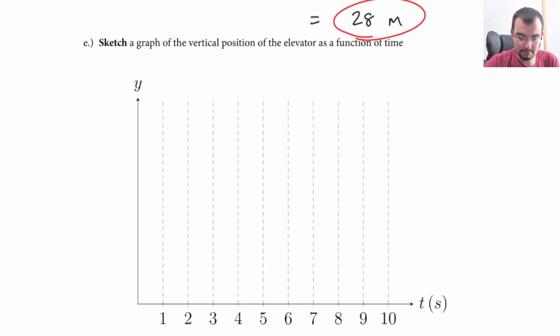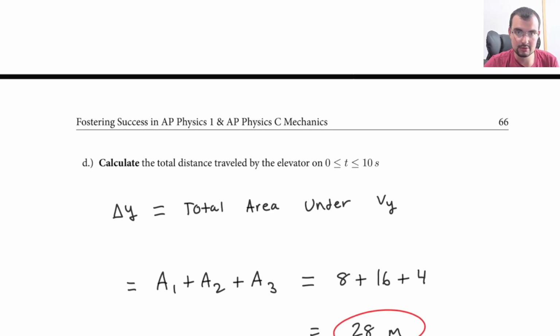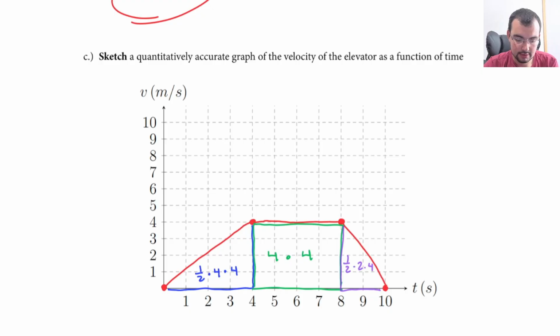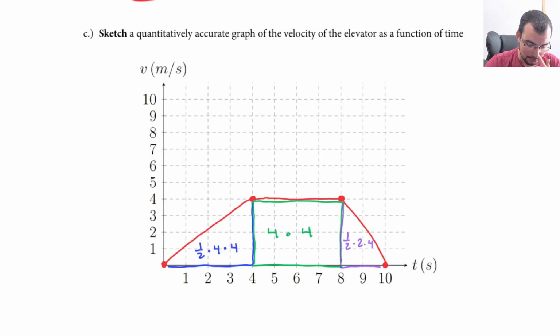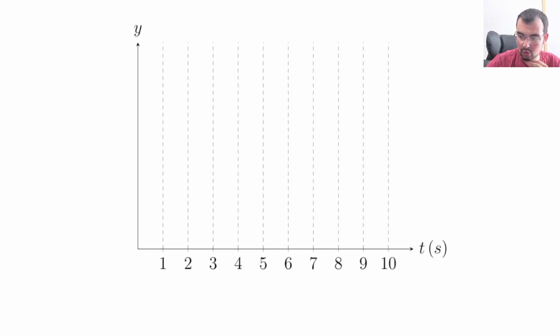And we've got to do the position of the elevator now. So this one's going to be funky. And it's all qualitative here. So we know that on the first 4 seconds, we speed up. So we get that nice upwards arcing concave up. Then it's linear for 4 more seconds. Trying to make this linear.